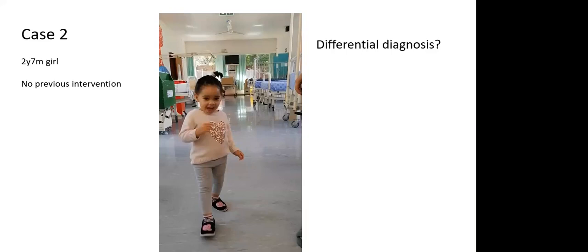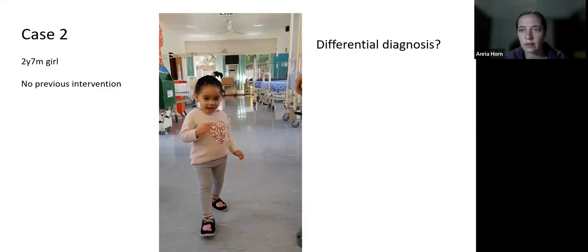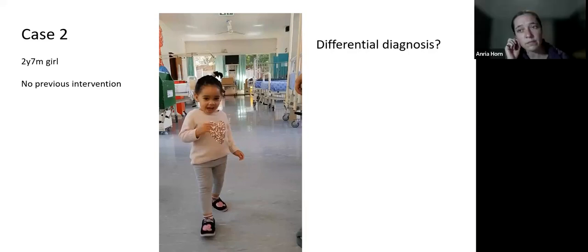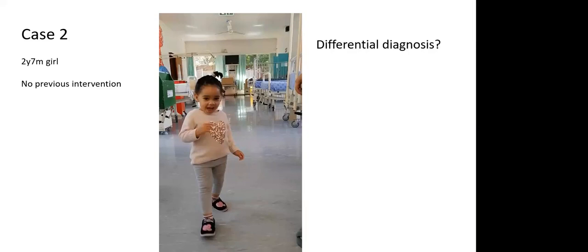What else can give you a short leg Trendelenburg gait in a child? Any other limb length discrepancy is one. I suppose that would give you more of a short leg. So other proximal femoral dysplasia.